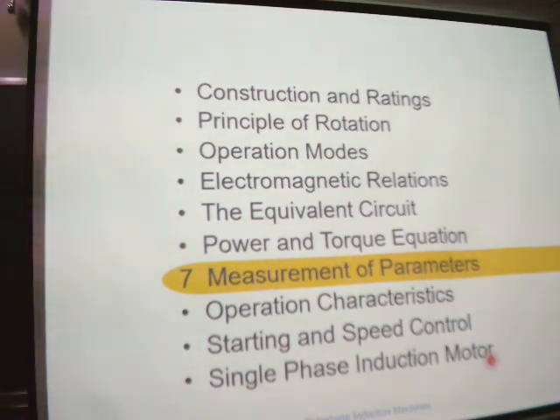But how can we know the values if they don't tell us? So generally we use the experiment method. We can measure these parameters and calculate them. We will discuss it in this part.